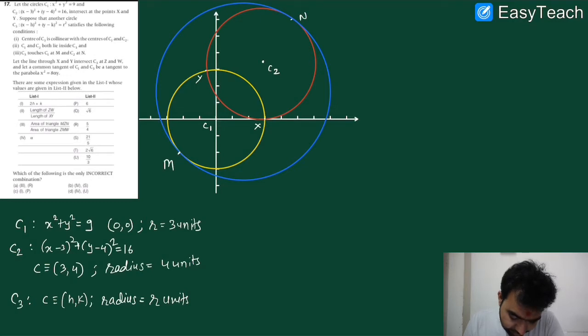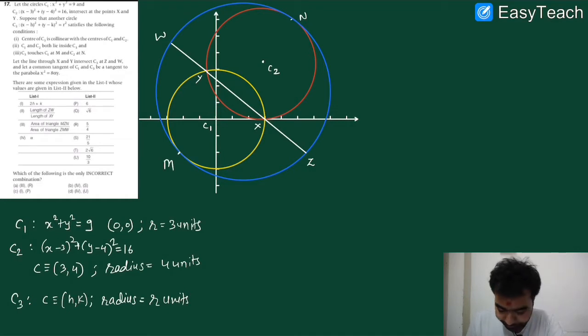The line through X and Y intersects C3 at Z and W. Let a common tangent at C1 and C3 be a tangent to the parabola x square is equal to 8 alpha y.